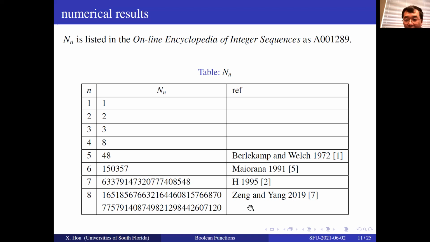Now the story goes on. Very recently, Zheng and Yang in 2019 computed additional values of this sequence. N8 is this number, and the table is a little bit too small, so let's move to the next slide.